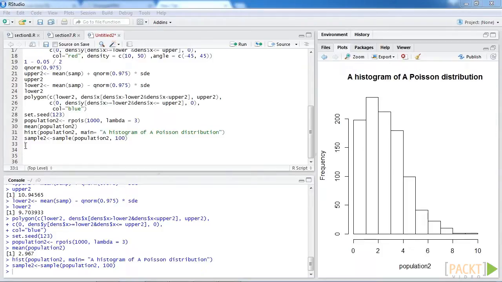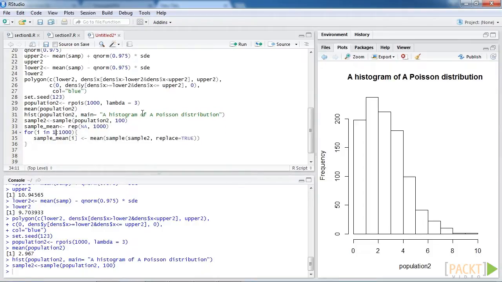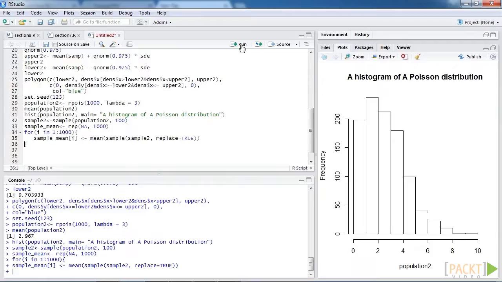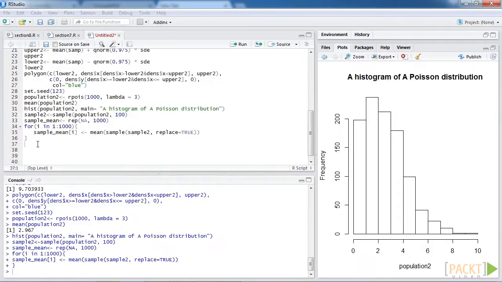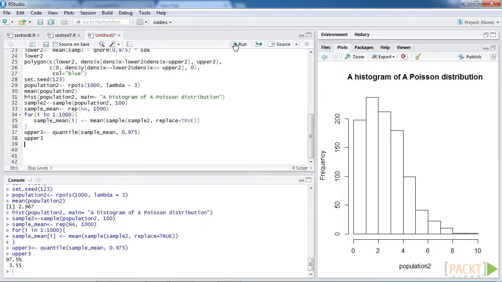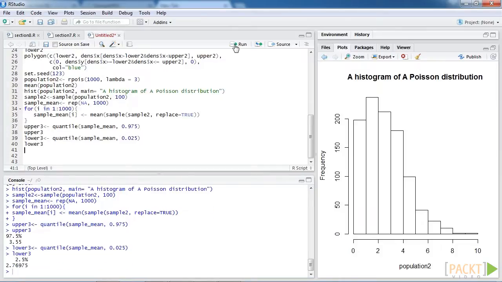We continue to sample these samples 1,000 times to generate 1,000 sample means. Finally, we can obtain the 95% confidence interval using a 2.5% sample quantile as the lower bound and the 97.5% sample quantile as the upper bound. Here you can see 97.5% and 2.5%.